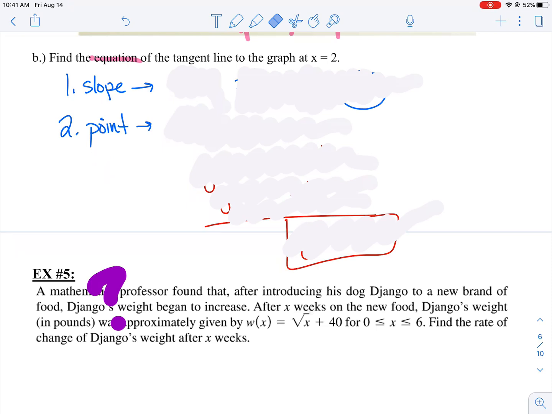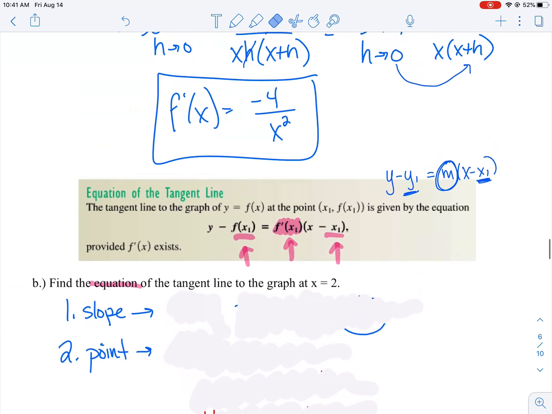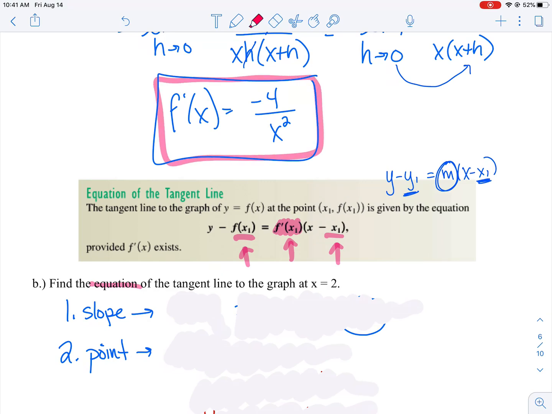So we need the slope of that tangent line, or the derivative, right? And we know from part A that our derivative at any x value was negative 4 over x squared. So we want to figure out what the slope is at x equals 2.